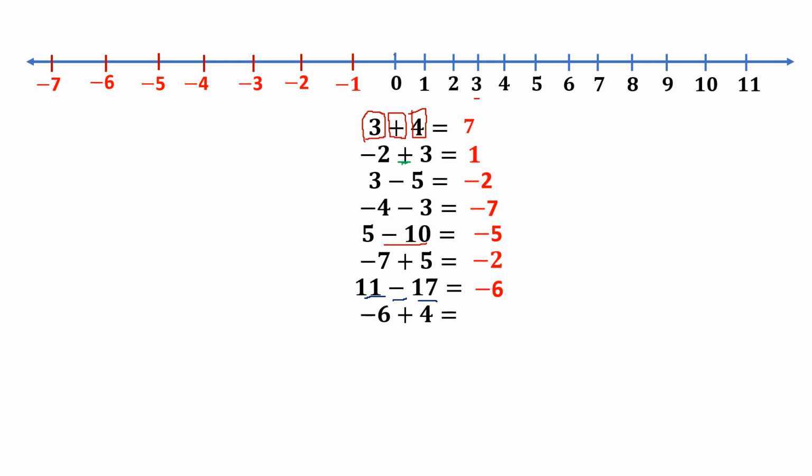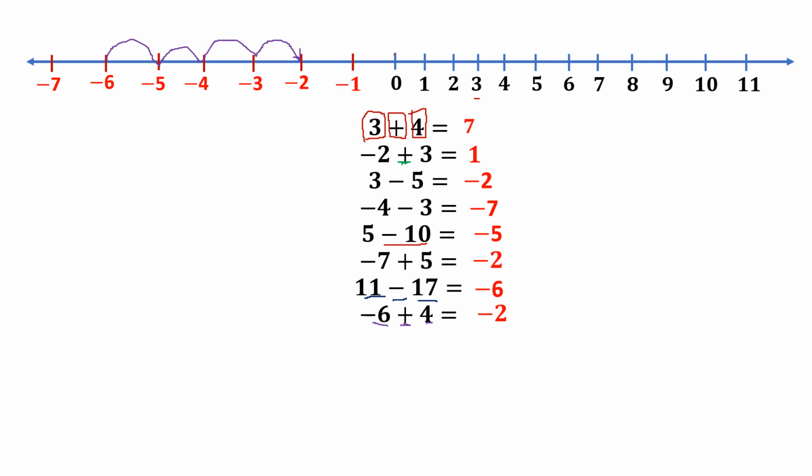The next one is minus 6 plus 4. My starting point is minus 6, then the direction is to the right because it's plus, 4 units to the right from minus 6. So it's 1, 2, 3, 4, and this takes me to minus 2.